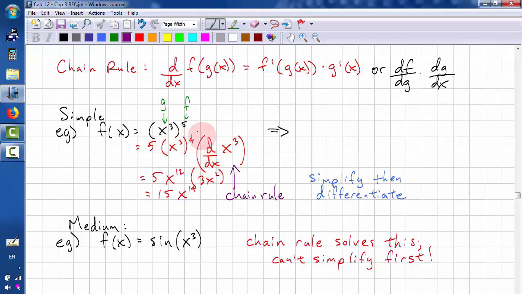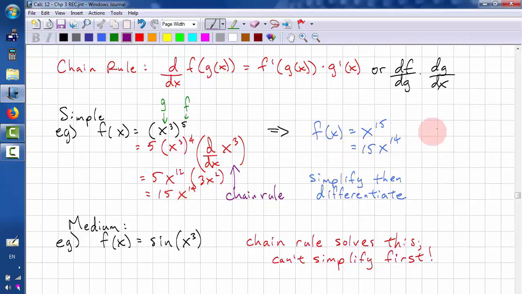And we always use polynomials because it's easy to show why it's true with polynomials. So let's take a look at the easy way of doing this. We could have just done f of x equals x to the power of 15. Using the power rule, this is 15 x to the power of 14, which matches what we did here.